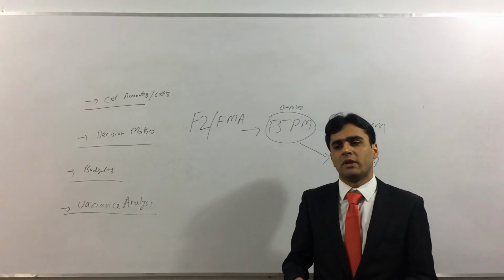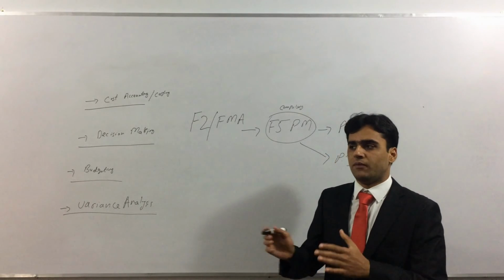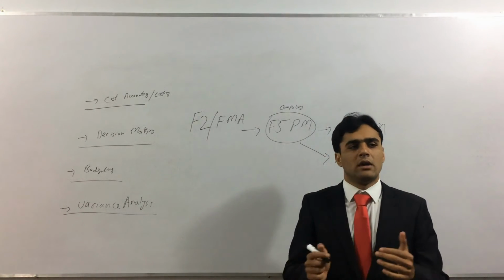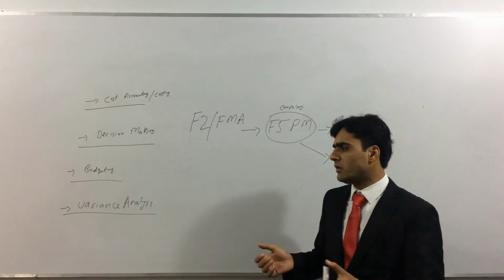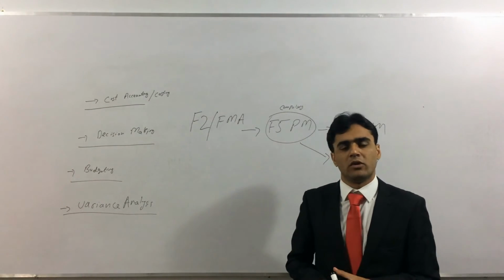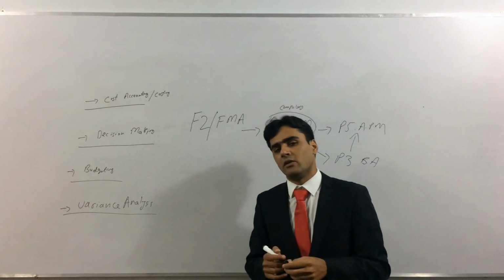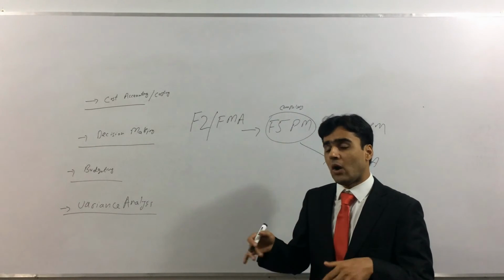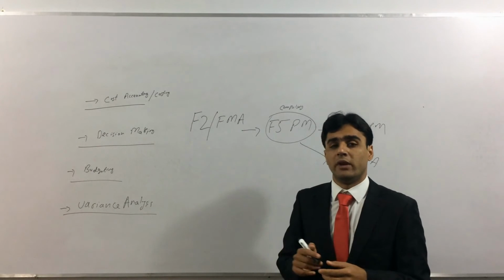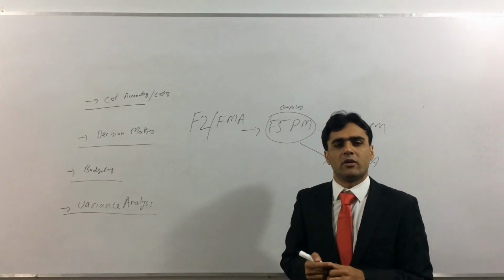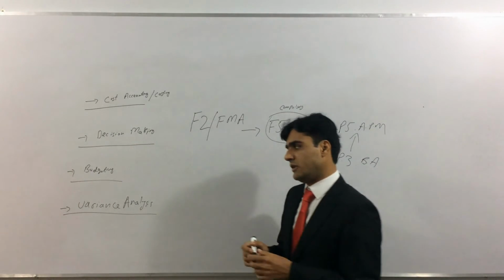So I was worse off than what I planned for. The difference between actual and the thing which I planned is called variance. We will see in detail what types of variance analysis there are, how we can calculate them, and why we need standard costing at all, right? So we will see in detail.